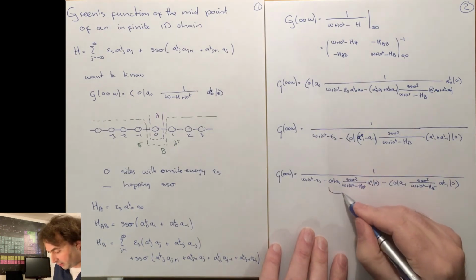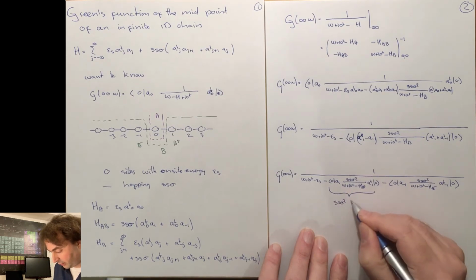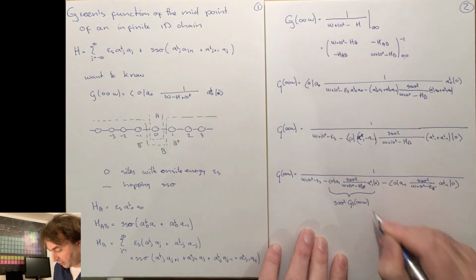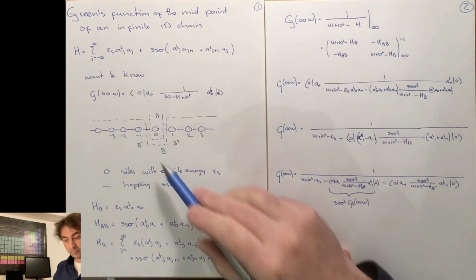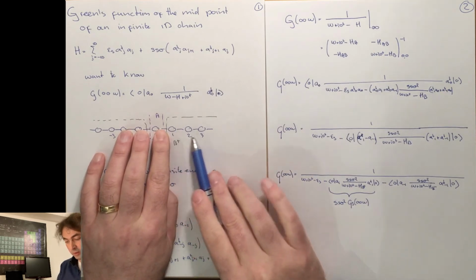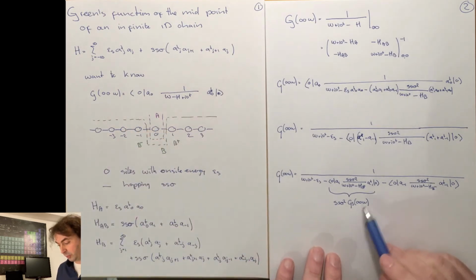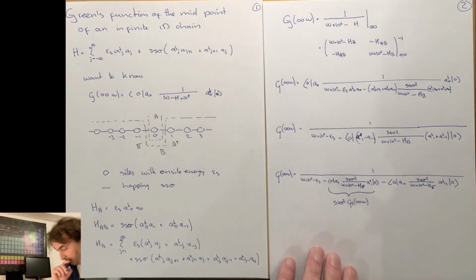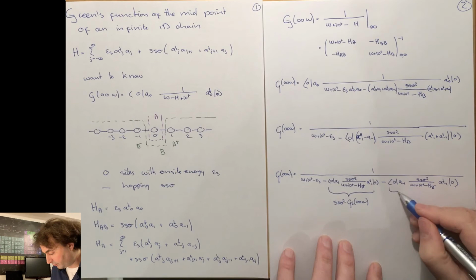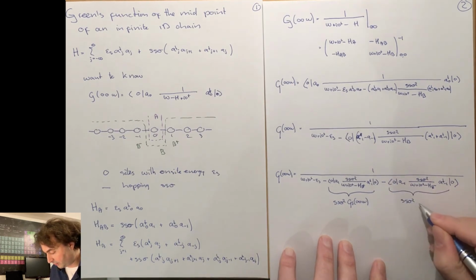Well, what we have here is just ss sigma squared times the Green's function of the endpoint of a semi-infinite chain. Hilbert space B plus describes a semi-infinite chain, and you couple to site 1 for the first point, and that's exactly where you couple here. And the same is true for the leads at the negative indices.